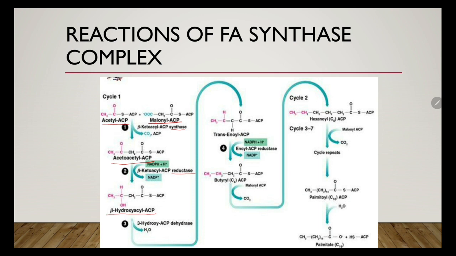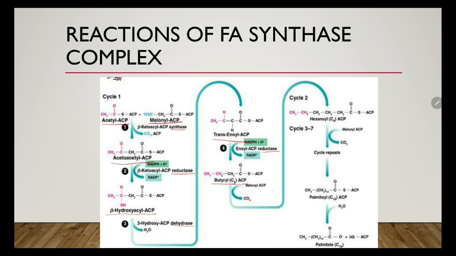This beta-hydroxyacyl ACP then forms trans-enoyl ACP by the enzyme 3-hydroxyacyl ACP dehydratase. Trans-enoyl ACP then forms butyryl ACP, 4-carbon ACP, by enoyl ACP reductase.